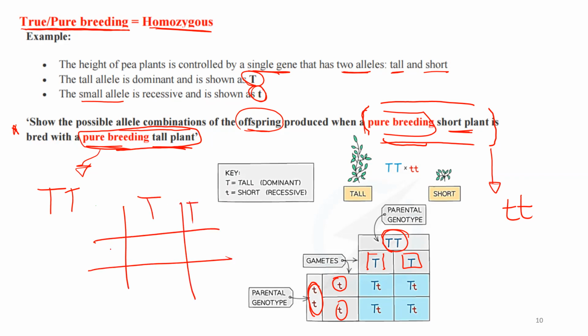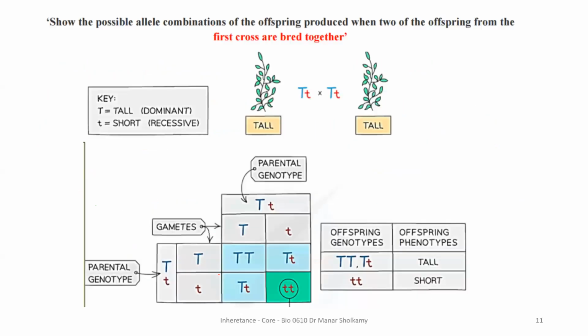T capital, T small, T small. All the children will be what? Heterozygous. Is it clear for everyone? All the children then will be tall or short? Tall. Anyone has any questions?